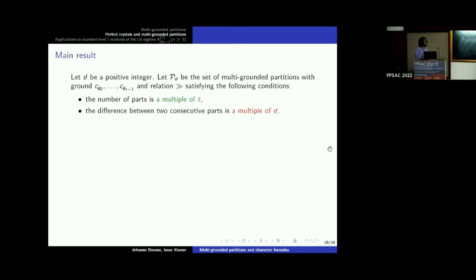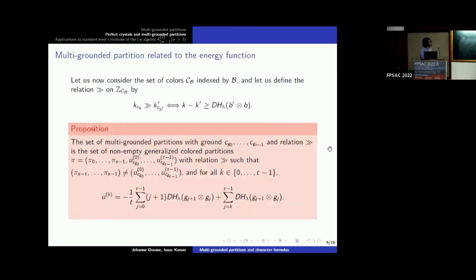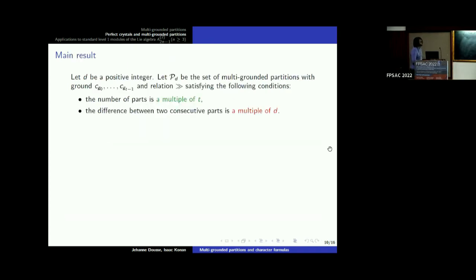So there is a mistake here. It's not this difference, but this difference minus this expression, which must be a multiple of d.